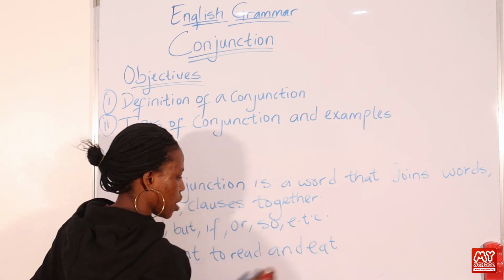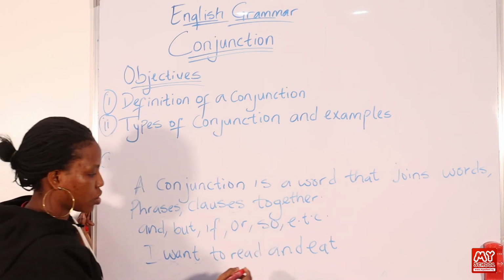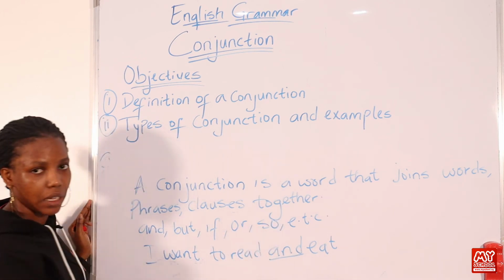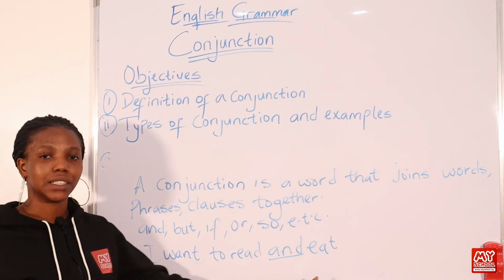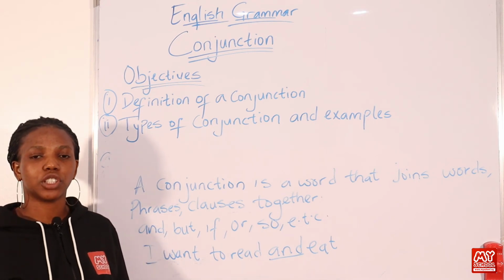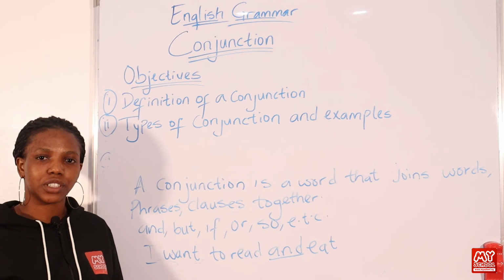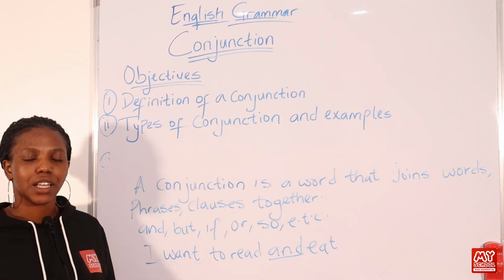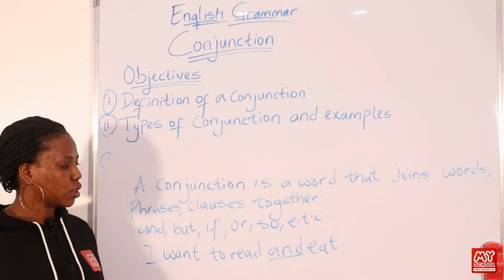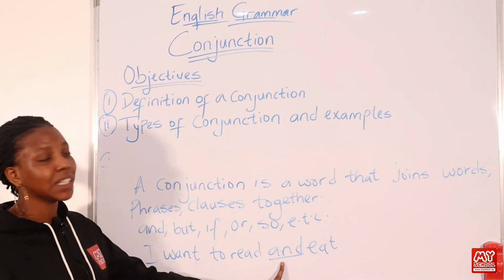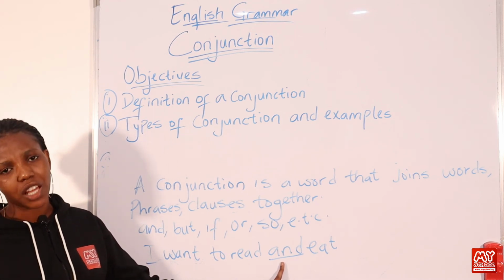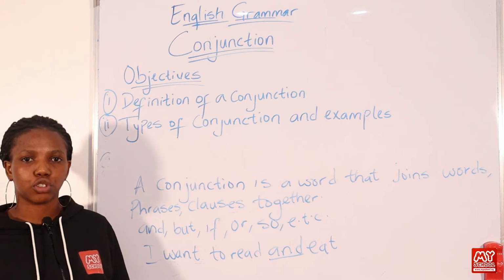So I have joined the two structures together using and. So I want to read and eat. So sometimes a conjunction is used to reduce the length of a sentence. That's one function of a conjunction. So we have seen the use of and in a sentence as a conjunction. Now let's move to the types of conjunction we have.